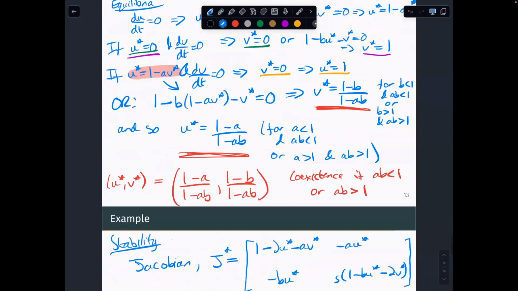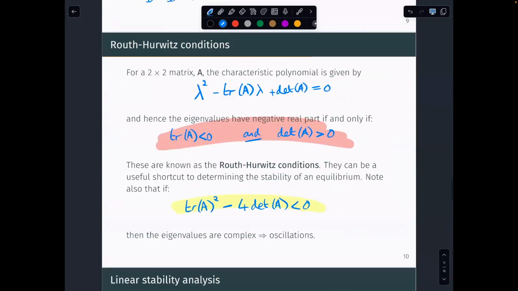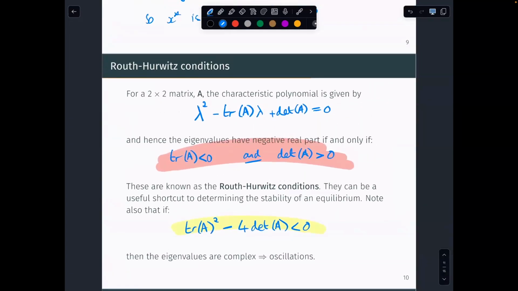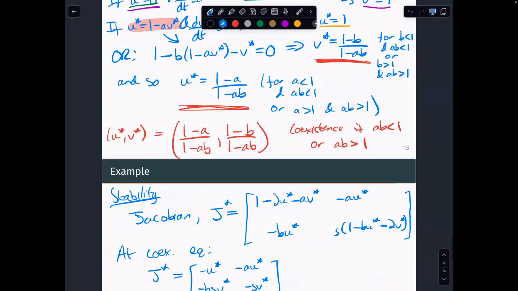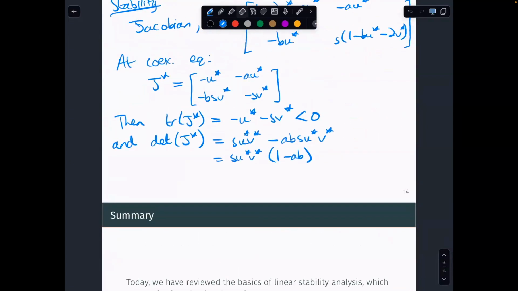Now, if I quickly jump back up to this slide here, our eigenvalues have negative real parts if and only if the trace is negative, which we've already shown, and the determinant is positive. So we need this determinant to be positive. S, U star and V star are all positive, so this is greater than 0 if AB is less than 1.